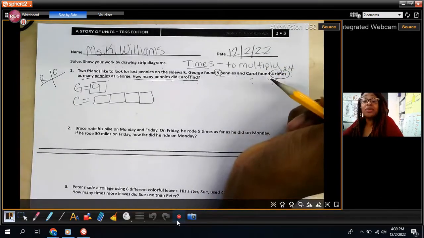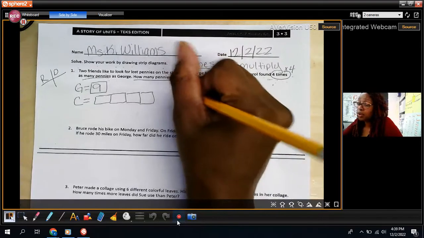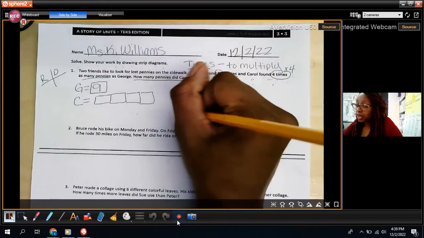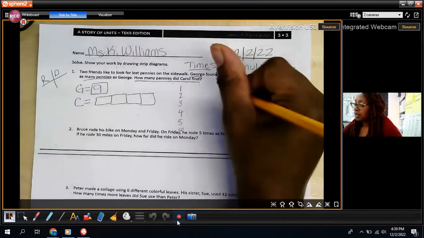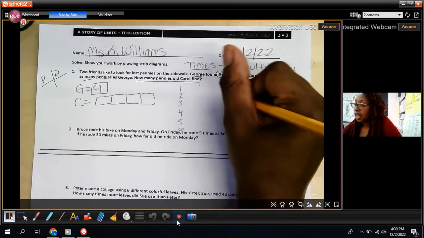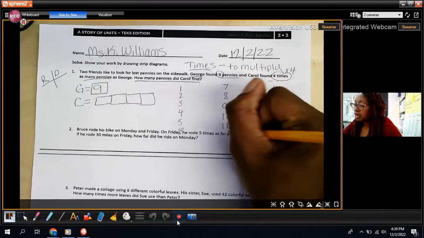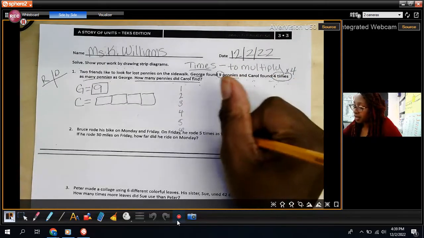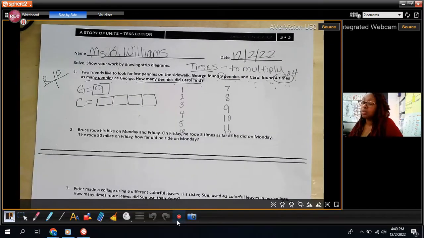All right, so first I'm going to write my numbers, number it 1 through 12. 1, 2, 3, 4, 5, 6, and then 7, 8, 9, 10, 11, and I want to squeeze 12 down there just so you guys can see what I'm doing.